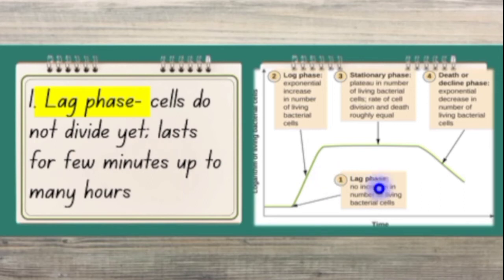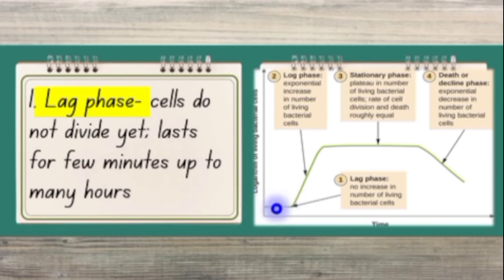But what's happening here is that the bacterial cell gathers metabolic nutrients that are beneficial to continue its growth cycle. So there is no growth or division or increase in the number of cells during the lag phase.